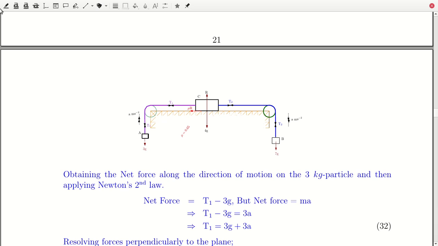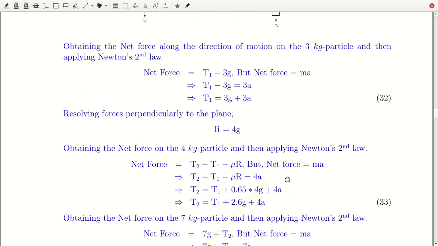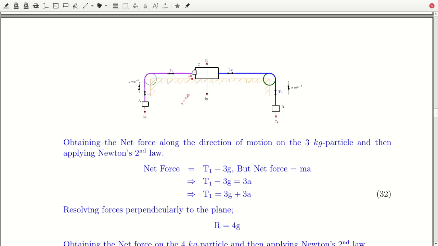So the other step, like I've indicated here, is now to get the resultant force or the net force. If motion takes place in this direction towards the 7 kilogram particle, it means our net force will be given by T2 minus mu R minus T1.